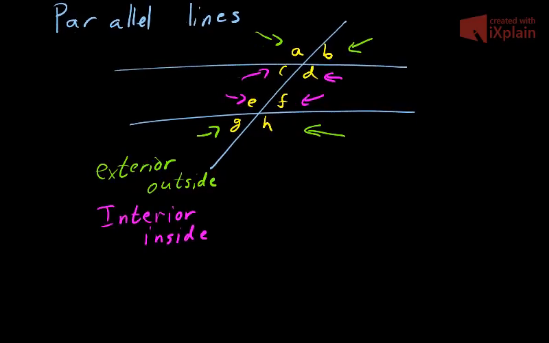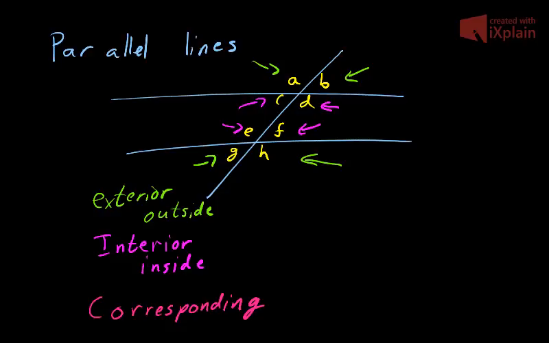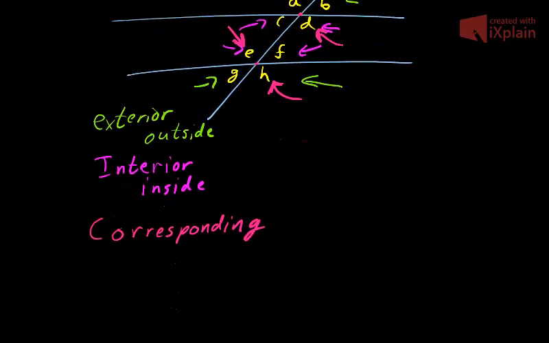So one example is going to be corresponding angles. Let's use this color. Corresponding angles. And corresponding angles are ones that are essentially the same as each other, just at different intersections. And I know that sounds weird, but as an example, this A is the top left angle, so it would correspond to the top left angle of this intersection here, which would be E. Another example would be that D here is the bottom right, so it would correspond to H, which is the other bottom right.